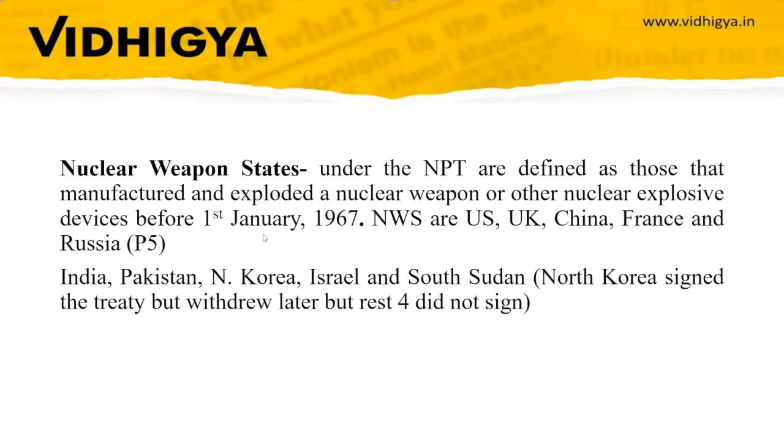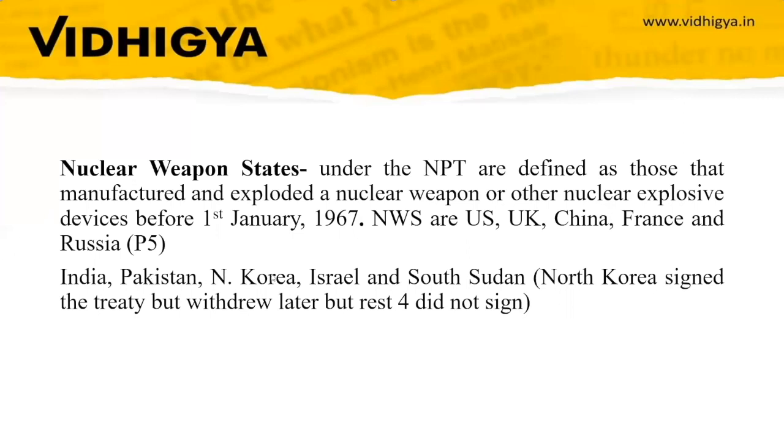Those countries which have exploded or manufactured a nuclear weapon or nuclear explosive before 1st January 1967 are considered to be nuclear weapon states as per NPT. The nuclear weapon states are United Kingdom, USA, China, France, and Russia. So basically the P5, those 5 permanent members of UNSC, are nuclear weapon states.